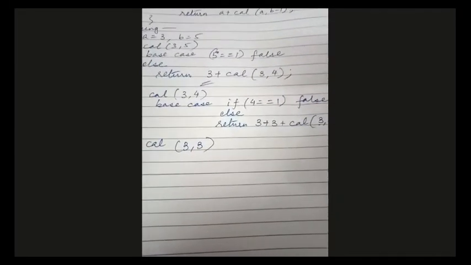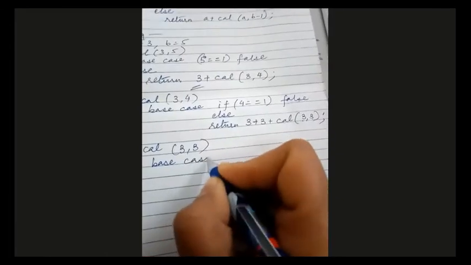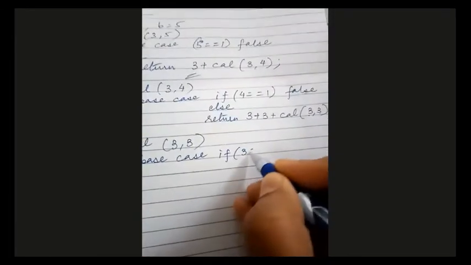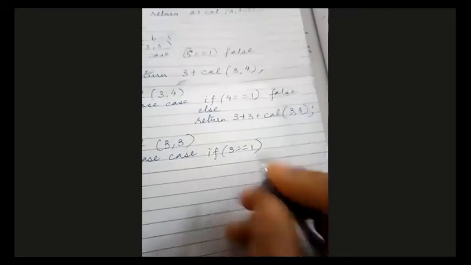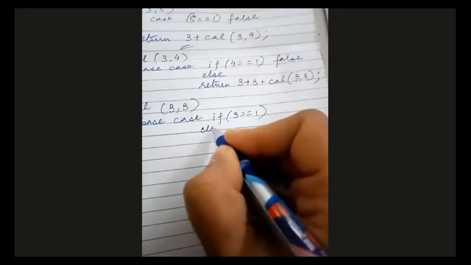Can you see what I am writing? Yes, ma'am. Okay, 3 comma 3. Now the base case is if 3 double equals 1. Again it is false, so go to the else part.